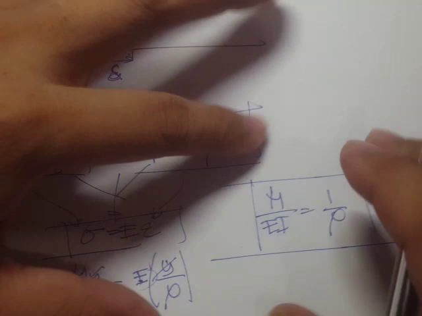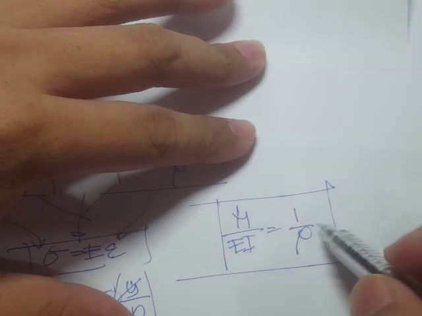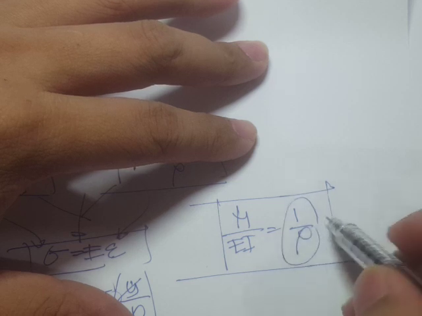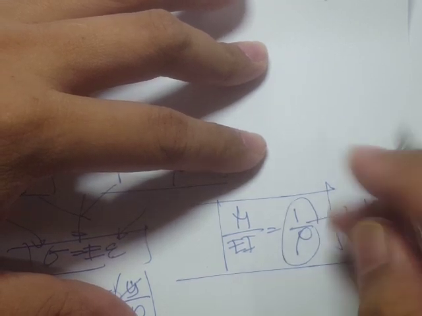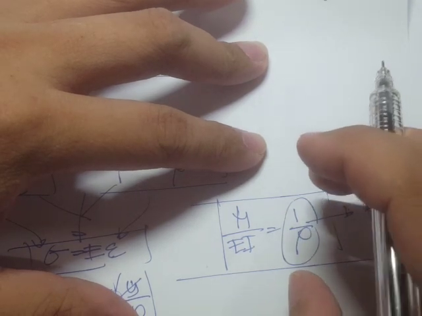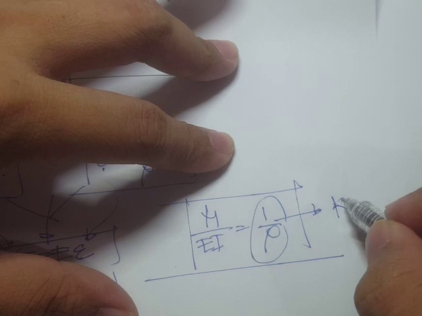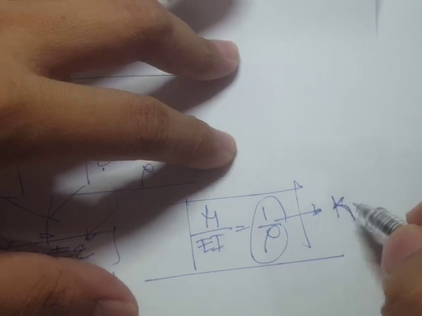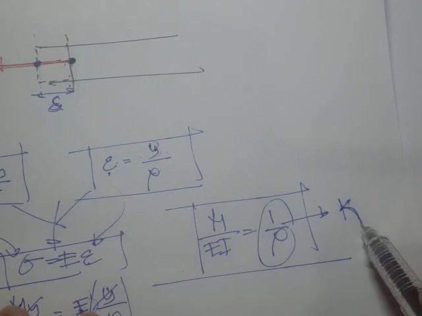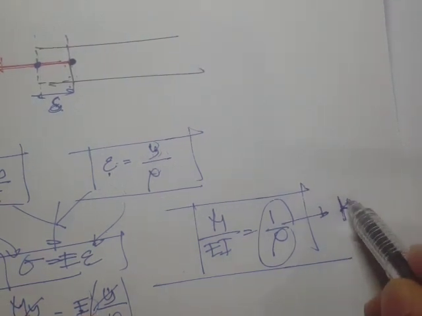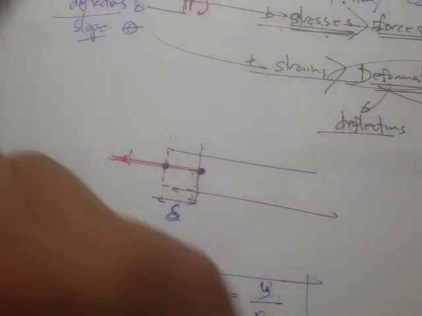Okay, so this is the moment curvature relation, and there's also another way to express this deformation, and that's in terms of curvature. The difference between this k, or kappa, and this rho is that rho is the radius.